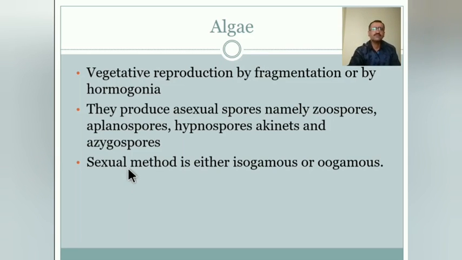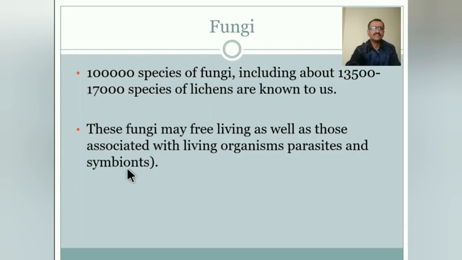Okay, this is about the algae, or the general characteristics of the algae. The next group is the fungi. It is also a very huge group. There are about 1 lakh species of the fungi, and that includes about 13,500 to 17,000 species of lichen.